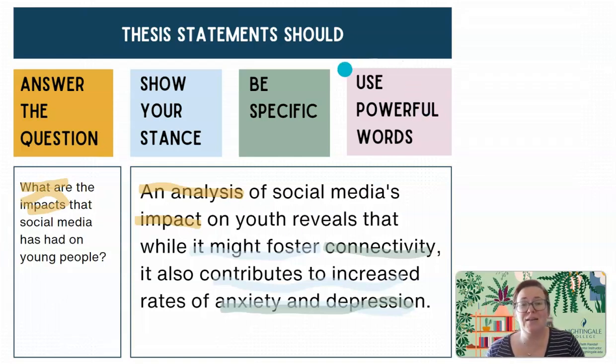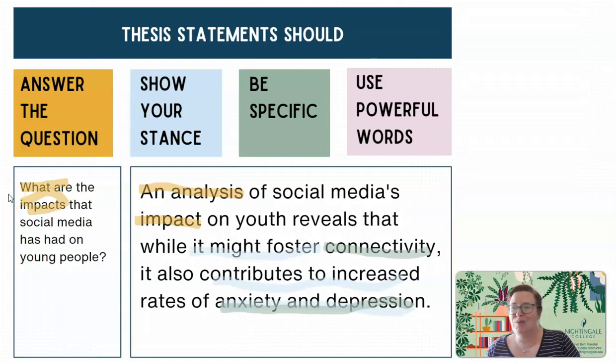And that brings us to our last part, which is to use powerful words. When we talk about powerful words, we're talking about the verbs that we're using to show our opinion and to show our stance. And we're also talking about adjectives and adverbs, about building up our ideas so that the reader knows how we feel and how we want them to feel.